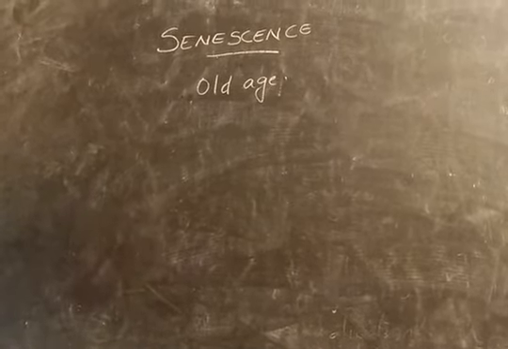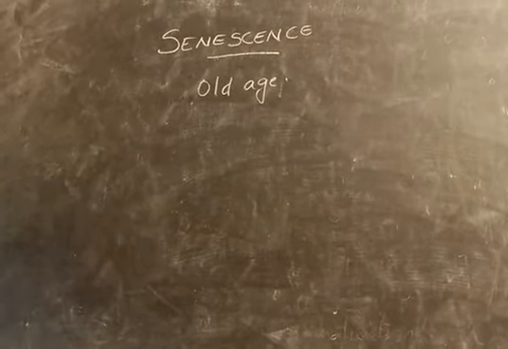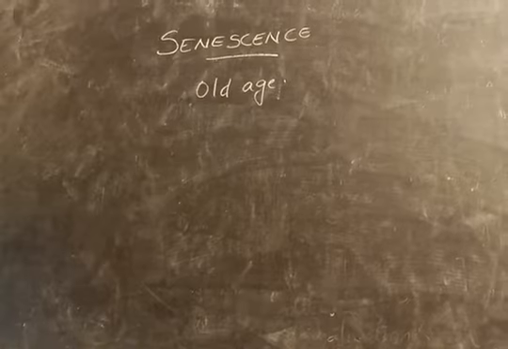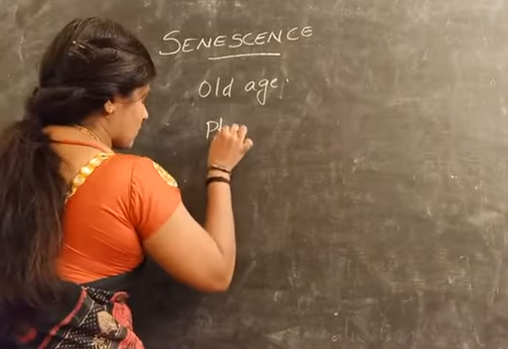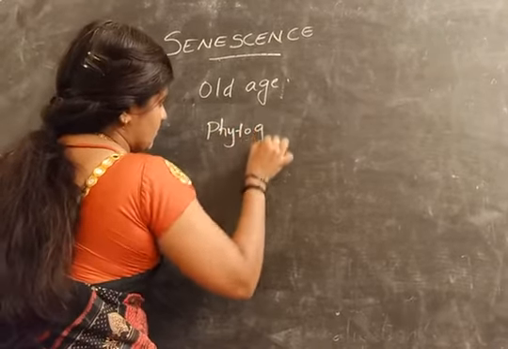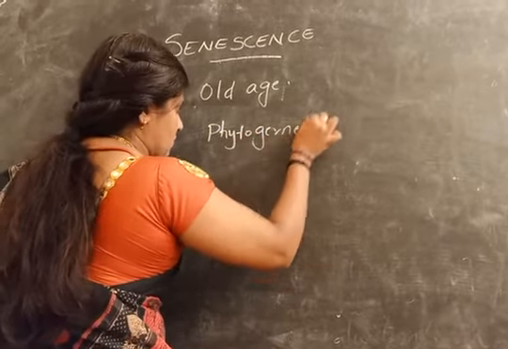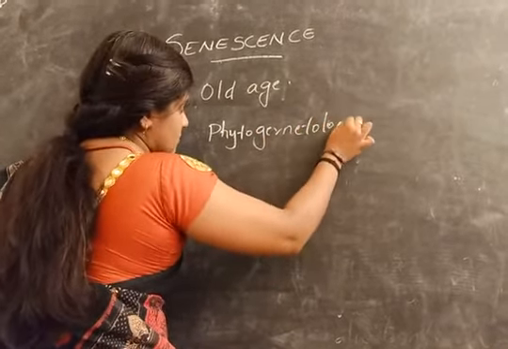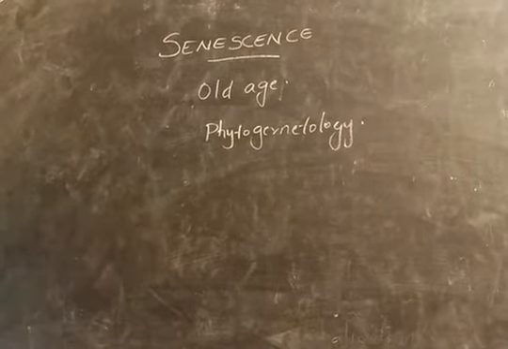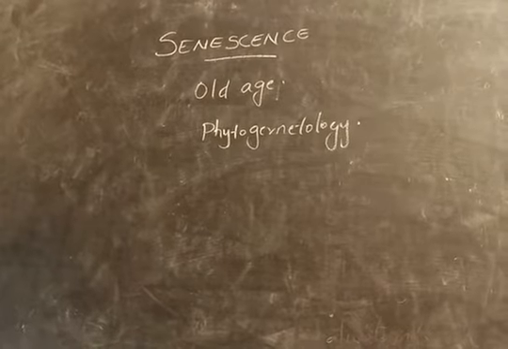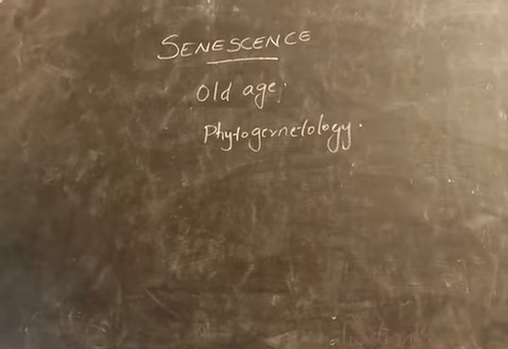The branch of botany which deals with aging, abscission and senescence is called phytogerontology.